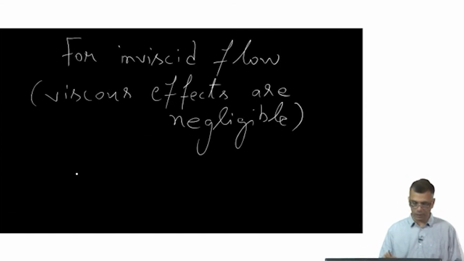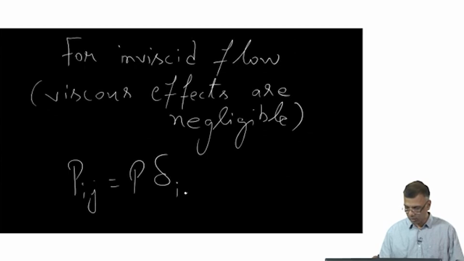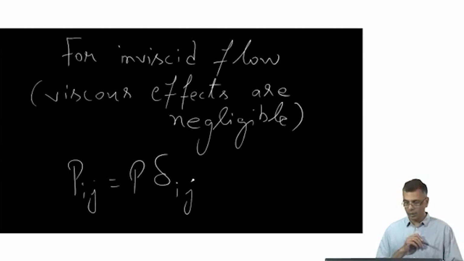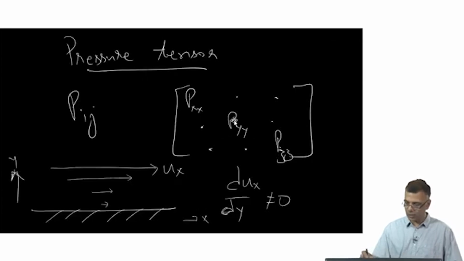In this case, the Pij is simply some scalar pressure times a Kronecker delta. In other words, it's a situation where all of these are simply the same number, P, P, P, and the off diagonal terms are all simply 0.